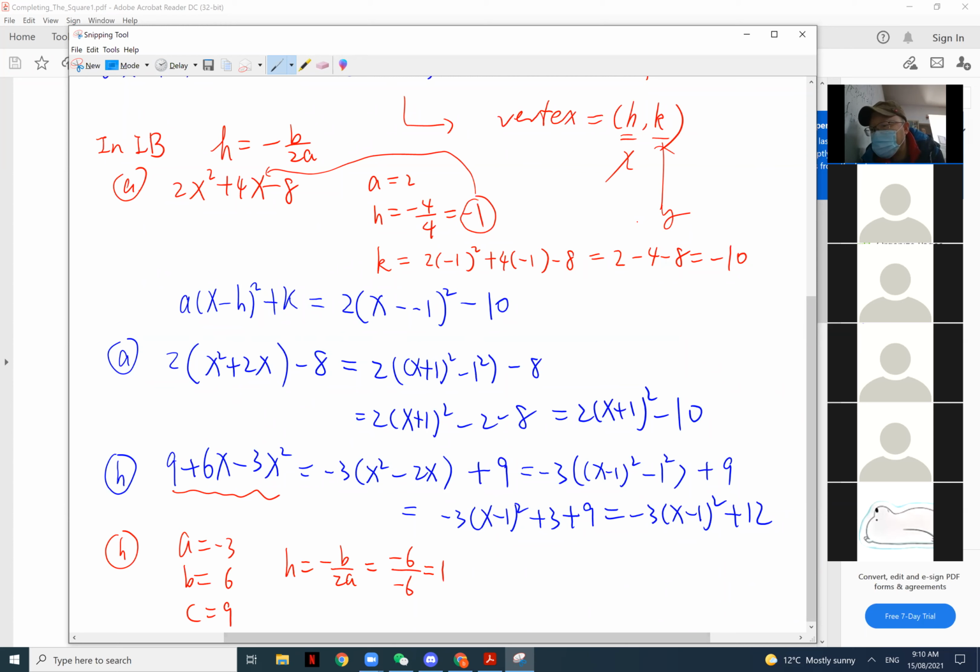If you have the x value, to work out the y value, always use substitution. Substitute 1 into x, we get 12. So this form has a as -3, h as 1, k as 12. This is called completing the square.